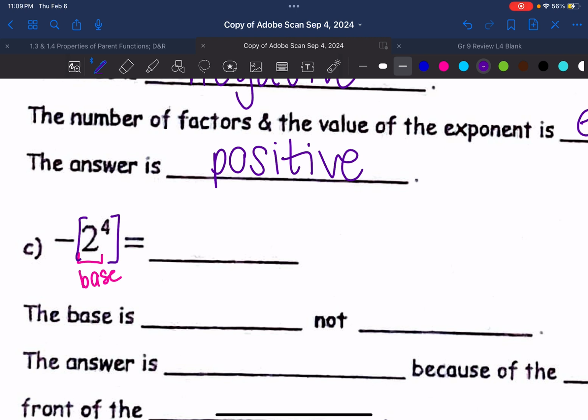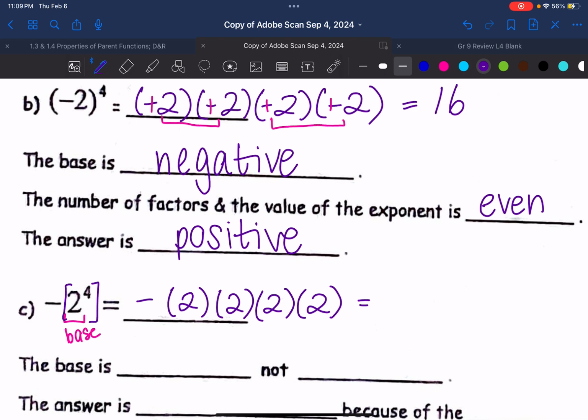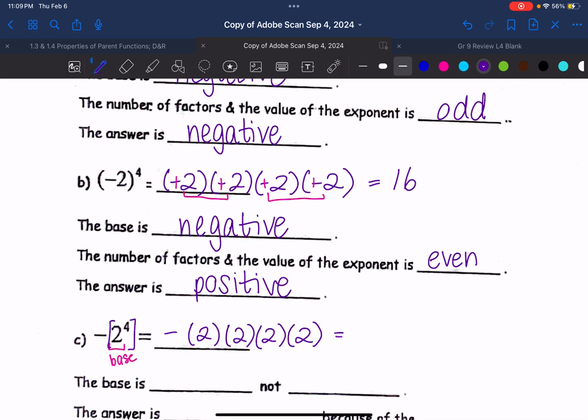So in repeated multiplication form, it'd look like a negative sign and then 2 times 2 times 2 times 2, which we know 2 to the power of 4 is 16, but because of the negative sign, we're going to have an overall negative number. So this is going to be -16.